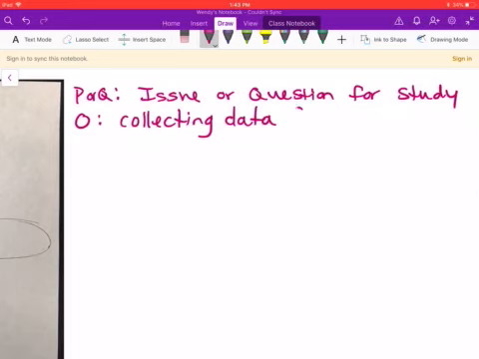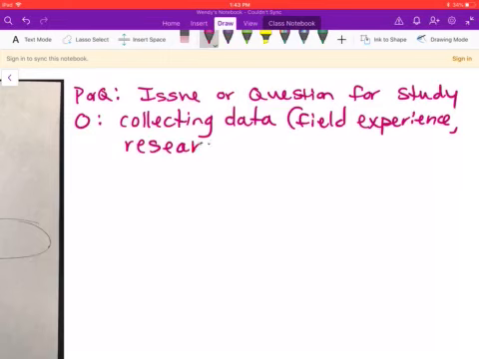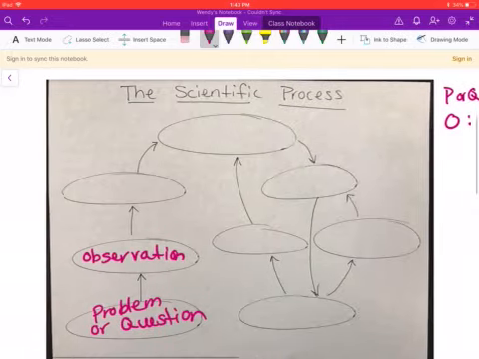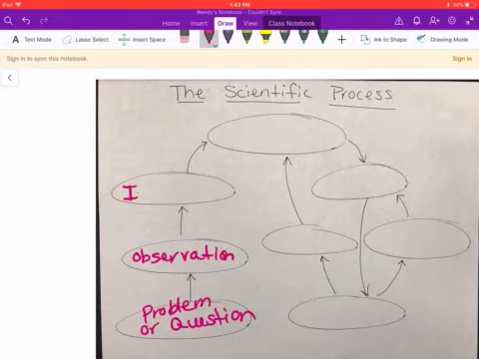Now that could be field research or field experience, where I go outside and make observations, or it could be researching scientific journals and seeing what other scientists have already studied. Once I have collected the data, the next step is interpretation.